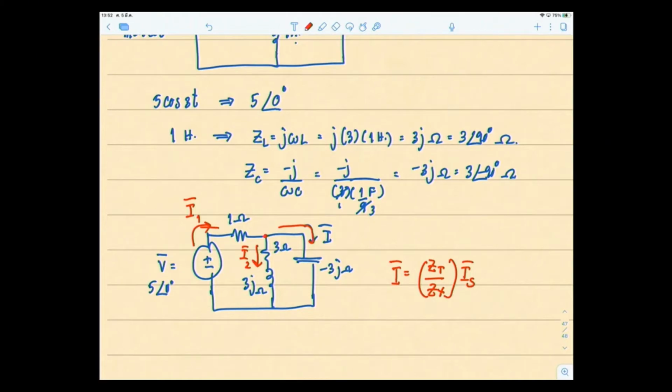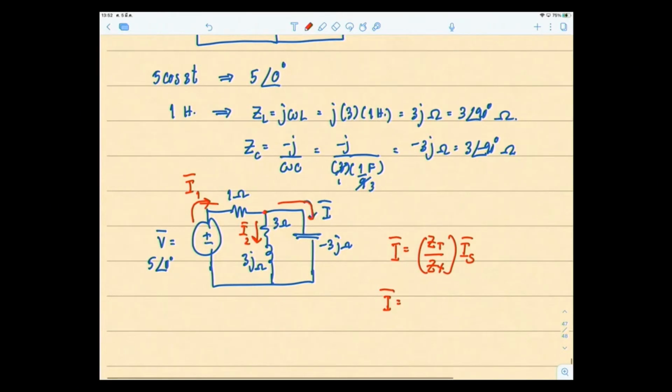Now, IS, of course, I don't know yet. In this case it's not IS, it's I1, because I is divided out from this I1. Substituting into the formula, ZX would be the impedance the current I passes through, just minus 3J.